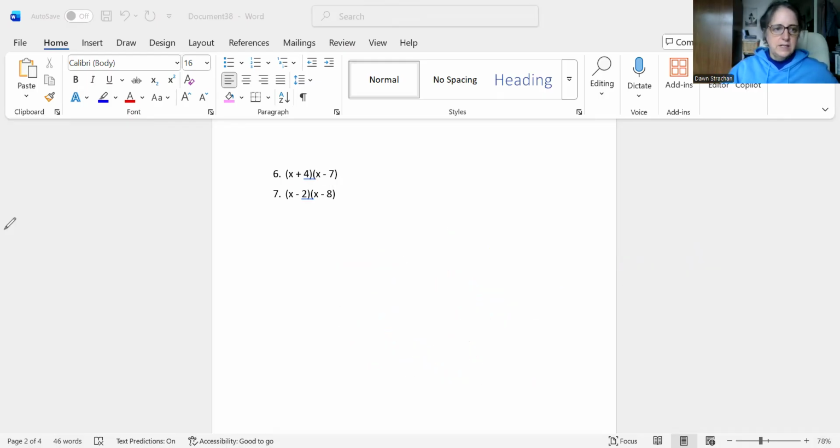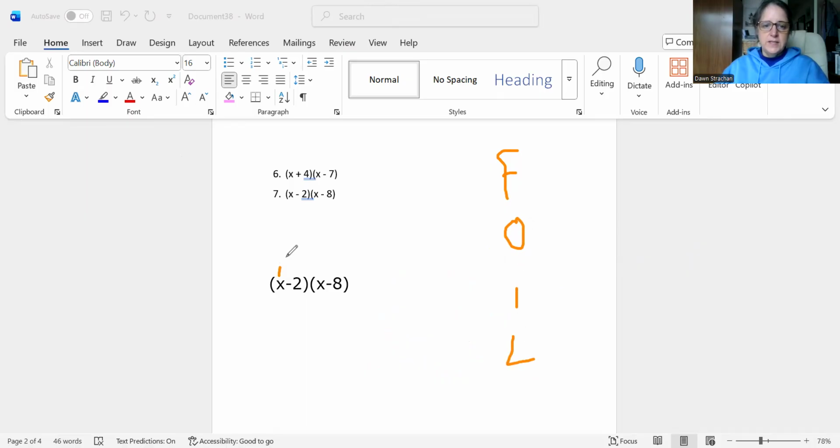Okay, let's try the second example. So I'll type it in. We've got x -2 and x -8. Okay, so we'll start with the FOIL method again. So we'll just write it in so we don't forget our acronym. So we've got first times first, which is the x. So x times x is x squared.